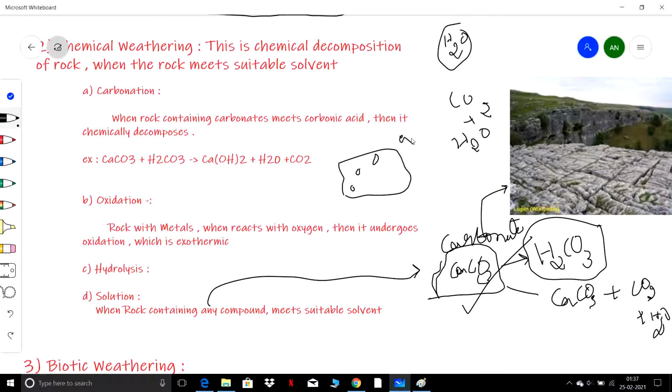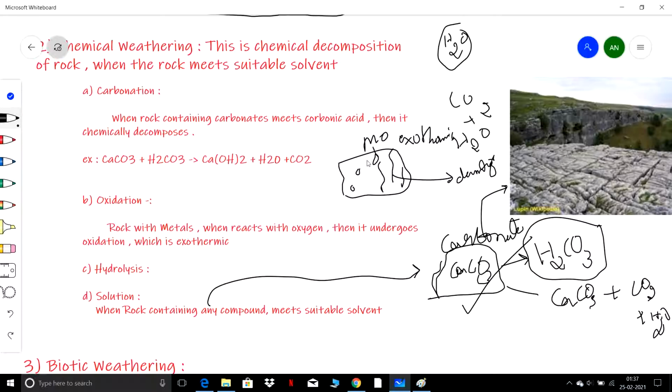We all know oxidation is an exothermic reaction, that means it releases heat. As it releases heat, cracks are developed and the rock undergoes disintegration. Metals are converted into metal oxides, which releases energy, that is exothermic, which releases heat, which will lead to disintegration of rock.